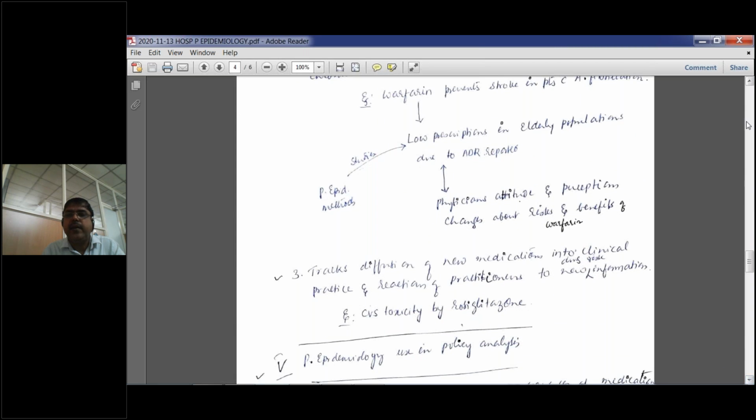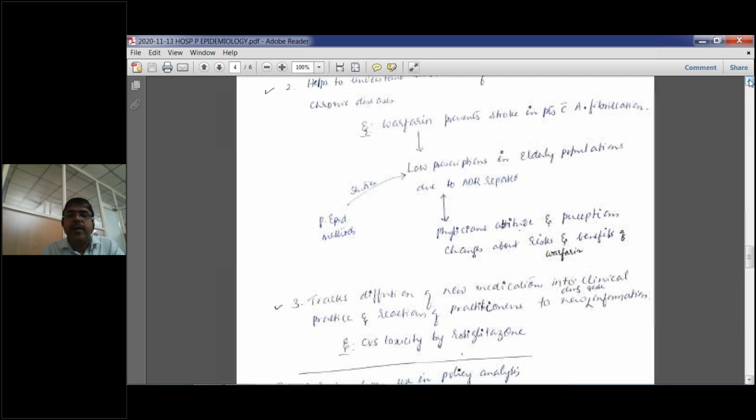And the next one is that whenever new medications arrive into the hospital, as we have discussed earlier also, a medication when it is in phase 4 in the real world population, the same medication will also reach the hospital. And now the response of the practitioners to start prescribing new medications is going to be assessed using pharmacoepidemiology.